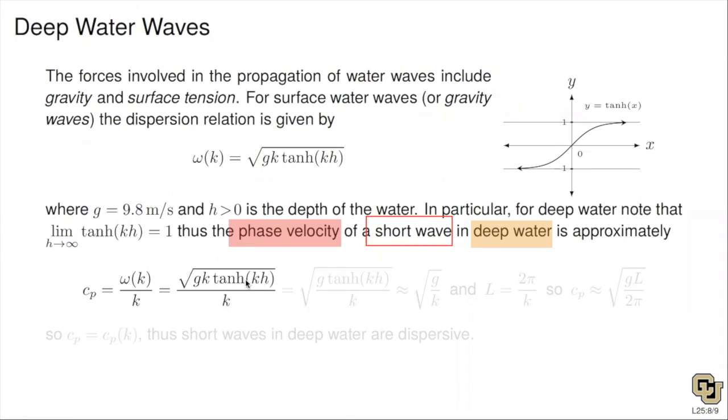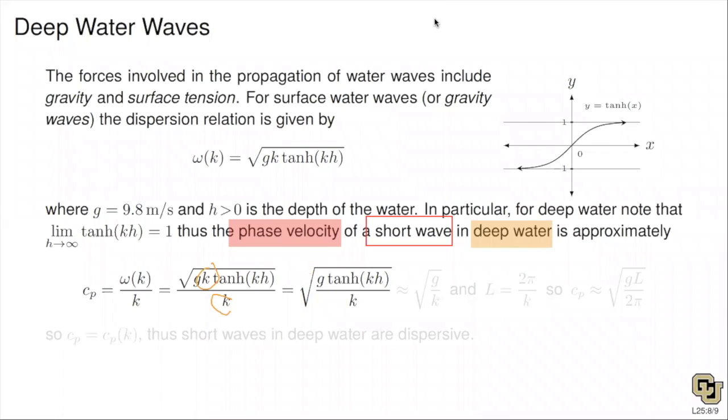Here, the dispersion relation is this function. And I cancel the k's. So this k and this k, see, the square root now comes down to the denominator. So I have a square root of k upstairs and a k downstairs. You cancel, you get a square root of k downstairs.